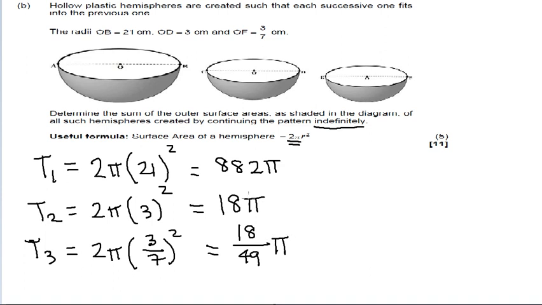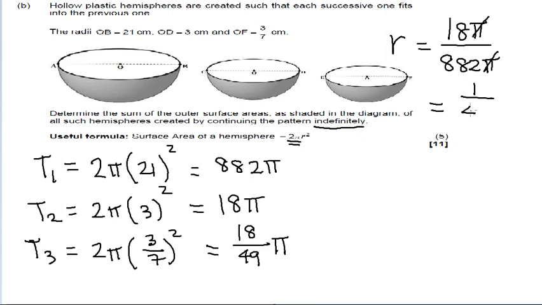And if I now analyze the first three terms, you can see they have a common ratio of T2 over T1, which is 18 pi over 882 pi. The pi's cancel, and that simplifies to 1 over 49.